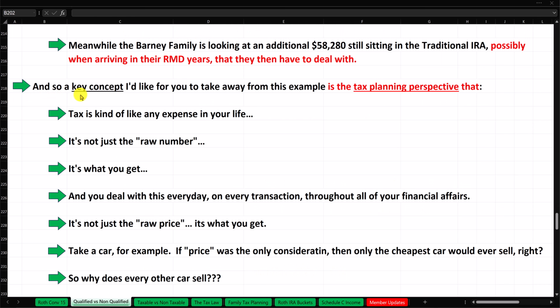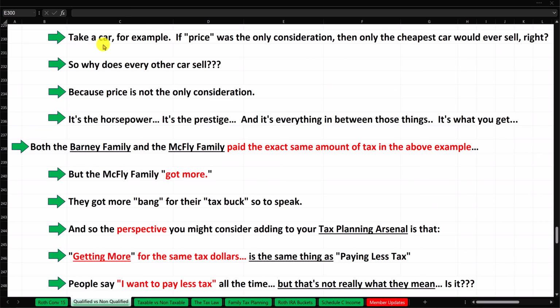And so a key concept I'd like for you to take away from this example is the tax planning perspective that tax is kind of like any expense in your life. It's not just the raw number of the expense that matters, it's what you get. And you deal with this every day on every transaction throughout all of your financial affairs. It's not just the raw price, it's what you get. Take a car, for example.